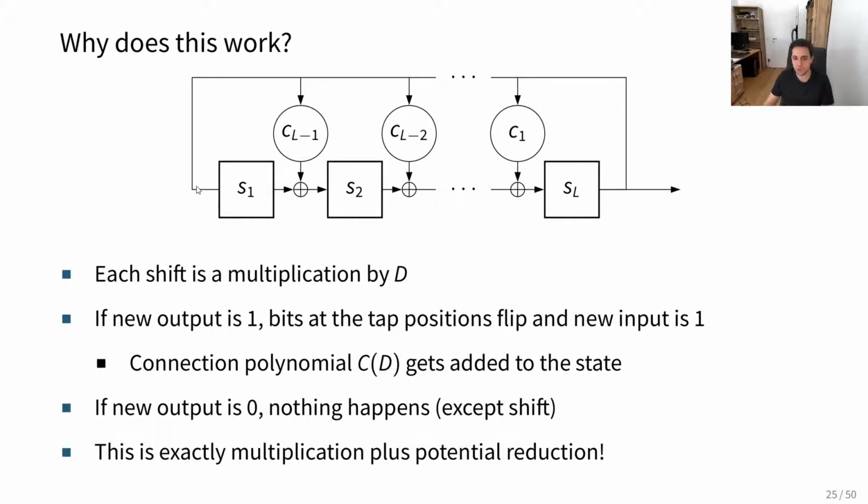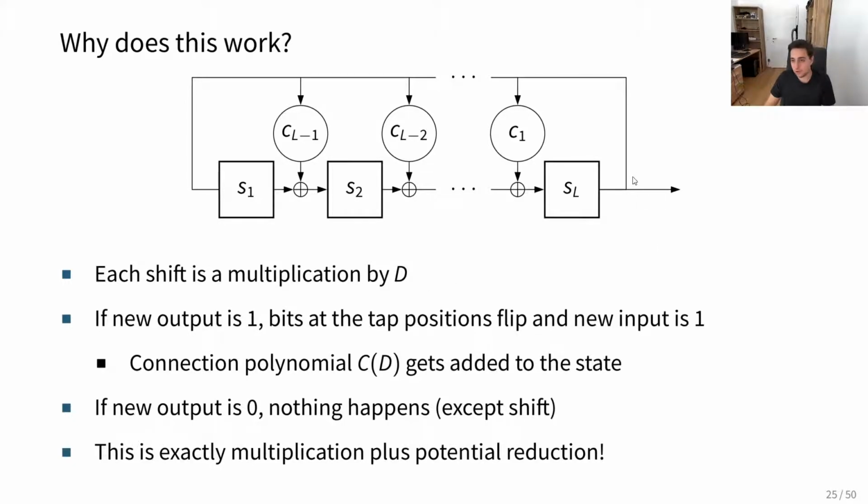So basically we shift to this side, we add 1 to each of these positions of the connection polynomial, and the new bit which gets shifted in is also 1. So we can also say that we shift to this side, and then we add the connection polynomial to the state. Or more precisely, we add each of the constants where it's 1 in the position of the connection polynomial to the current state. This happens when the new output bit is 1.